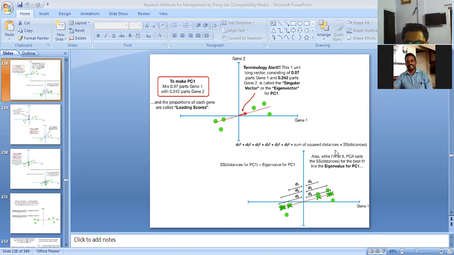The sum of squared distances you have calculated will be termed the eigenvalue of PC1. Also, PCA calls the distances for the best fit line the eigenvalue for PC1.